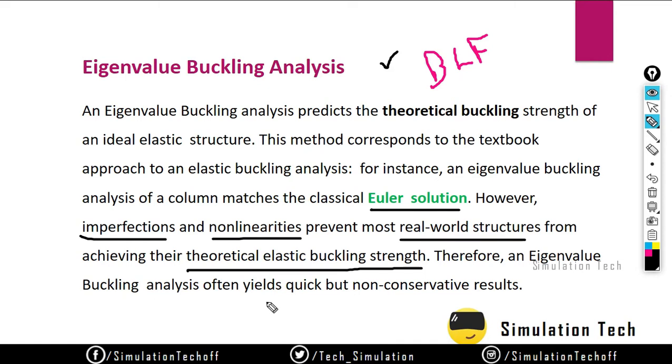Therefore an eigenvalue buckling analysis often yields a quick analysis, but the result may be non-conservative. Due to these imperfections and non-linearities, the theoretical elastic buckling limits cannot be achieved. If you do the analysis with non-linearities, including material non-linearity, surface non-linearity and contact non-linearities, you will get better results than with a linear buckling analysis.